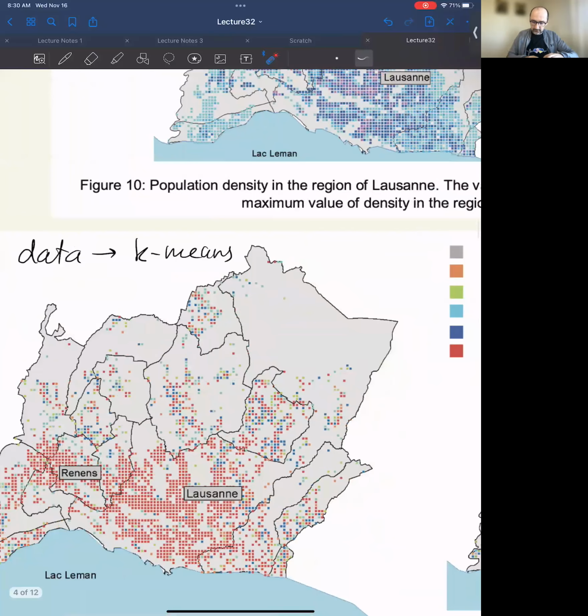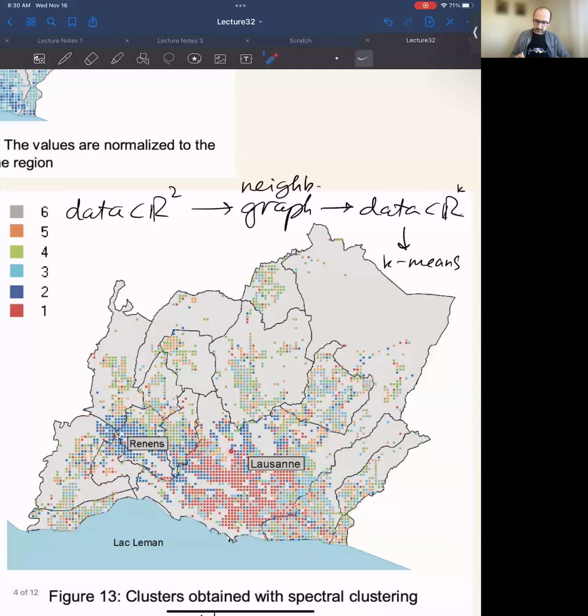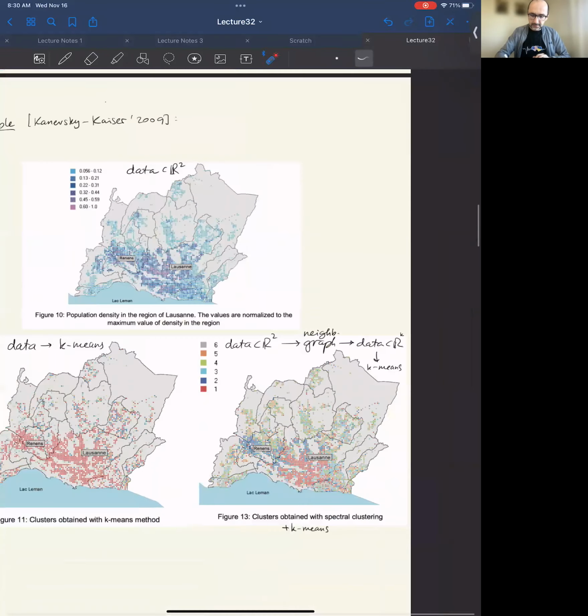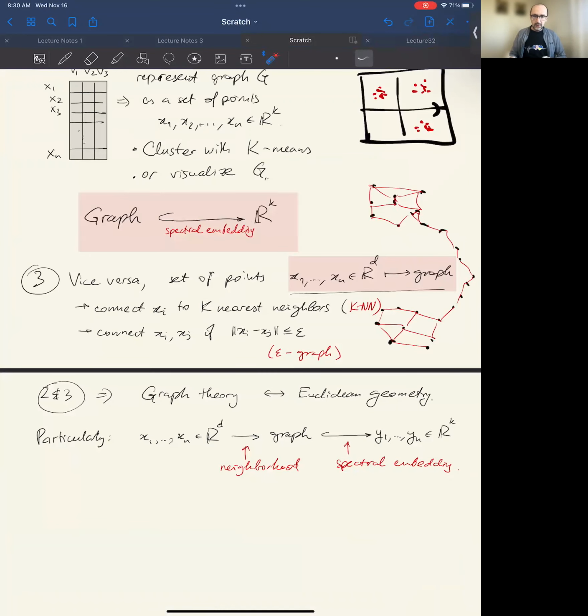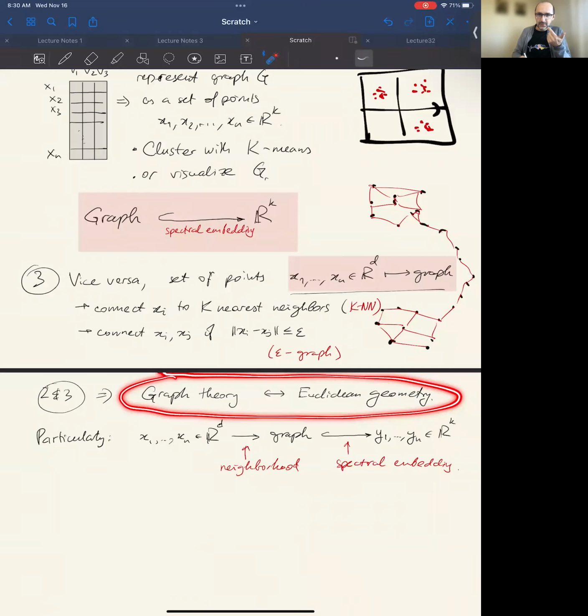So Lausanne is its own cluster now, and Renault is its own cluster now, which is much better. So that's one simple but very effective trick, which hinges on this two-way street between graph theory and Euclidean geometry, and we can interchange one with the other, basically.